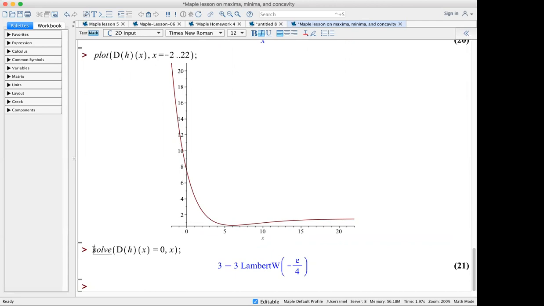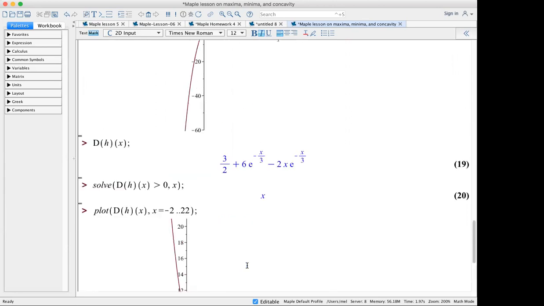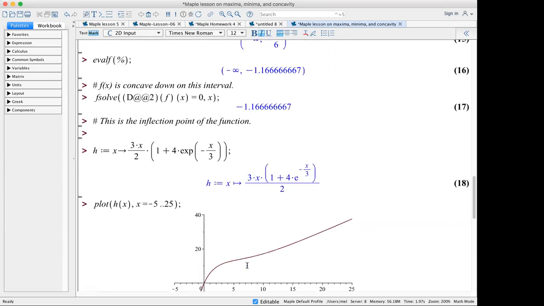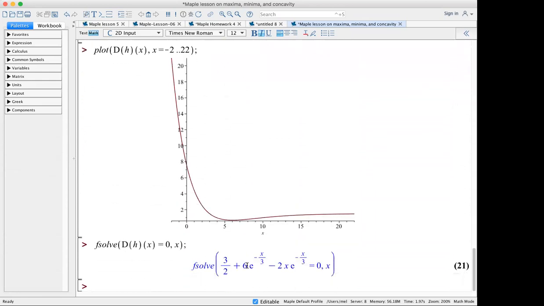This means it can't solve it. Something's not right because Maple should be able to solve this inequality.